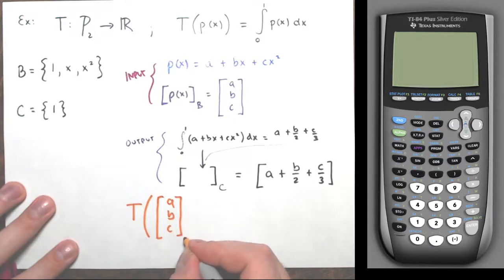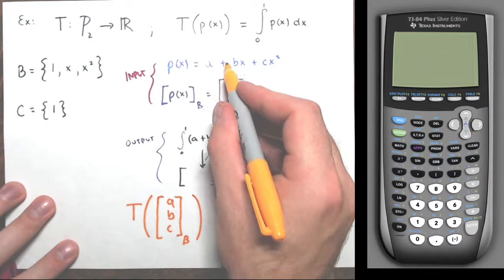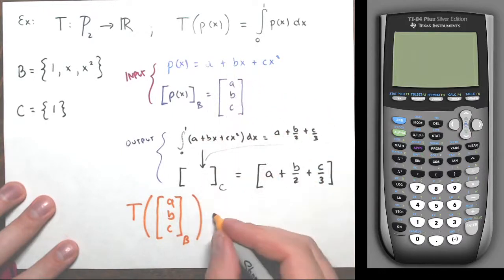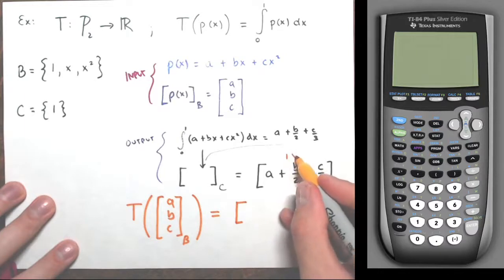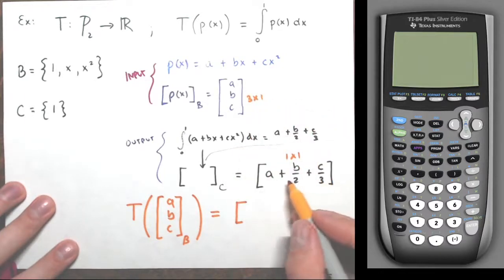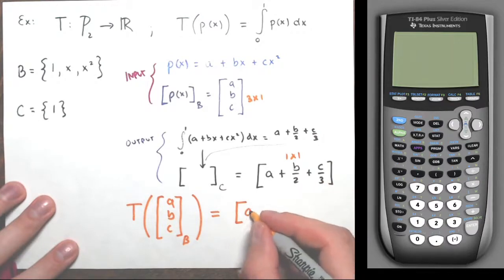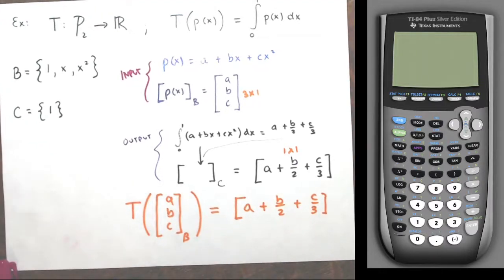But again, remember this is with respect to basis B. This input vector is equal to, and this is a 1 by 1 here, and this is a 3 by 1. This is a 1 by 1 matrix, a plus b over 2 plus c over 3. And then it looks exactly like my previous examples, all the previous examples where it was between Euclidean spaces.